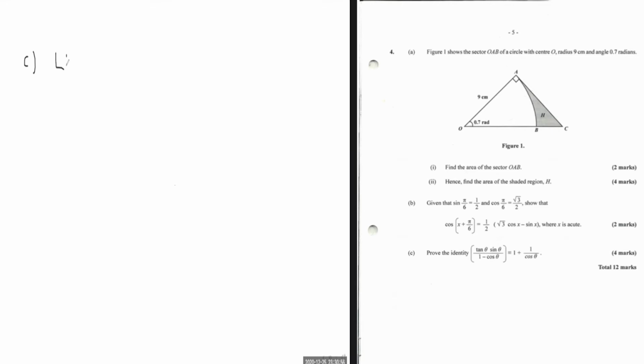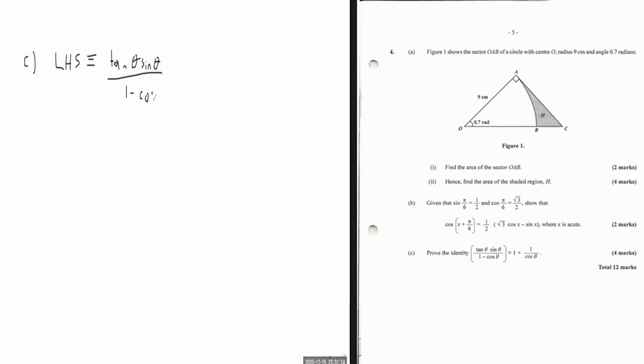To prove these things, you always start by writing down the left-hand side. So the left-hand side is equivalent to tan theta times the sine of theta, divided by 1 minus cos theta.